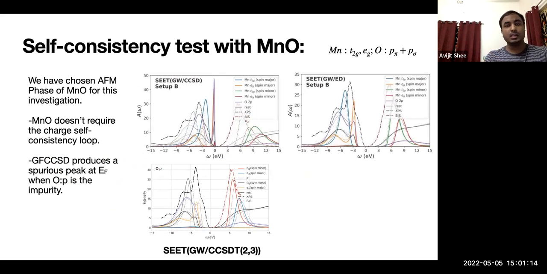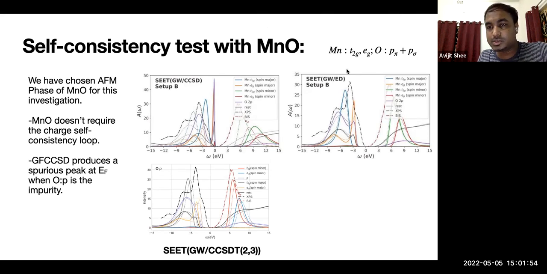And the next is that we have done a primary self-consistency study with manganese oxide. And why have we chosen manganese oxide? Because manganese oxide doesn't require this outer loop self-consistency. Only inner loop self-consistency is good enough. Okay, so here is our impurity choice.